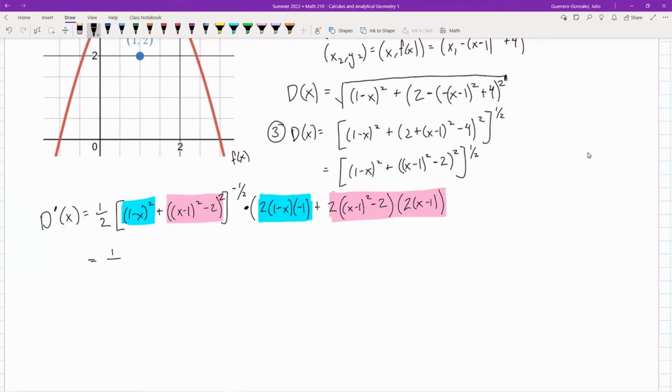This now reduces to 1/2. I'm going to rewrite this all again. 1 minus x quantity squared plus x minus 1 squared minus 2 squared, to the 1/2.